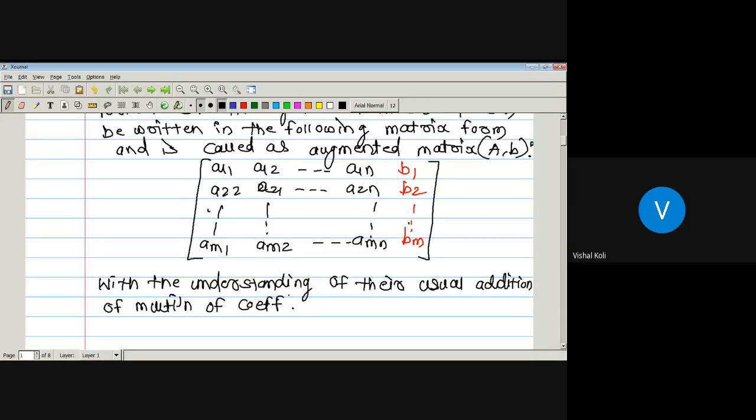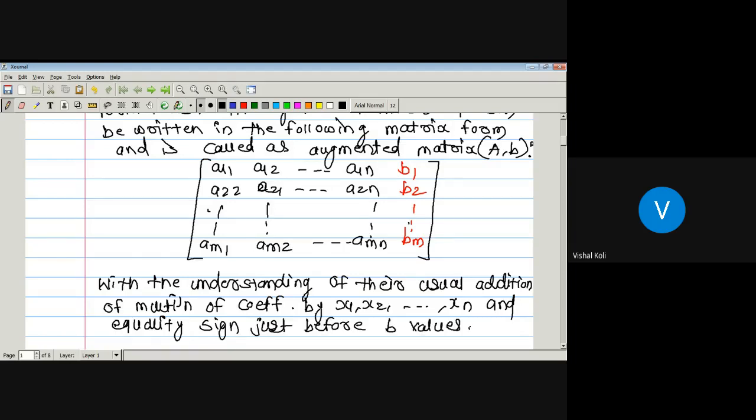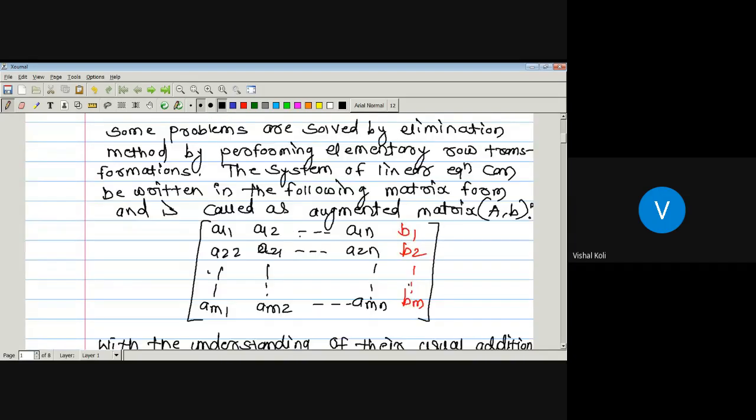What are the coefficients? That is x1, x2 to so on xn, and an equality sign just before the b values. Okay, so this will be the augmented matrix of the above system of linear equations.